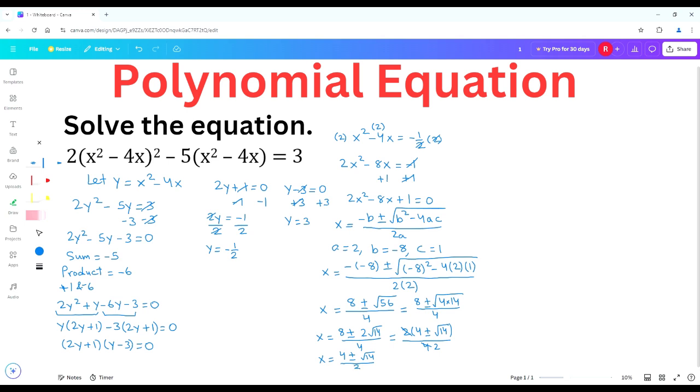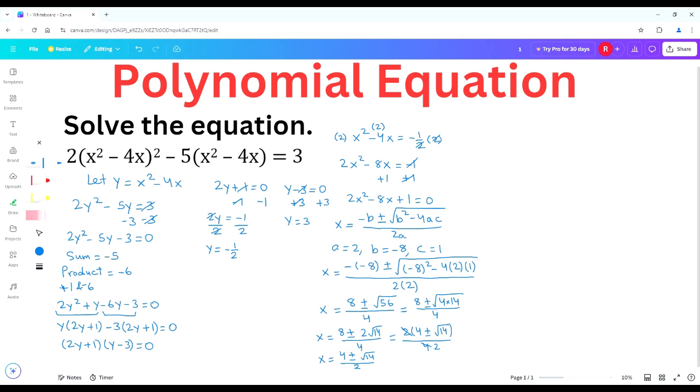So we get two solutions, (4 plus square root of 14) over 2 and (4 minus square root of 14) over 2. So these are the exact values of x for the first case, y equals negative half.